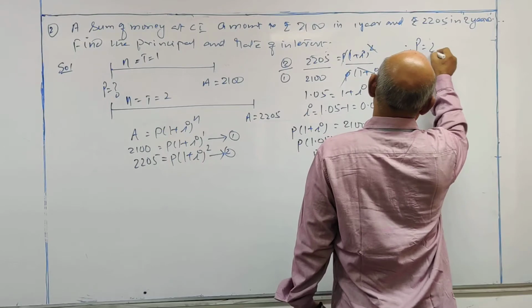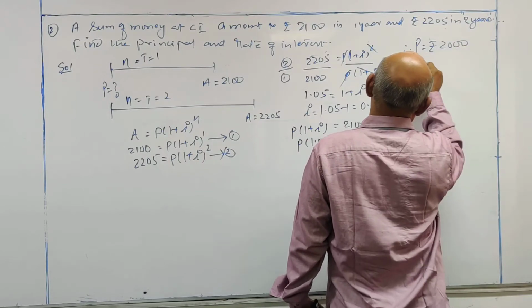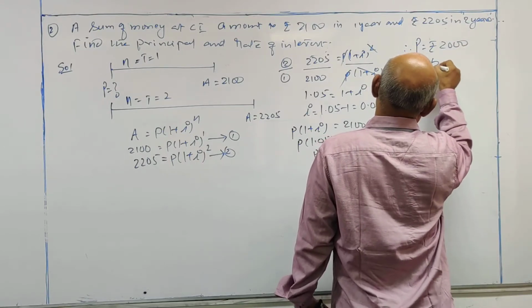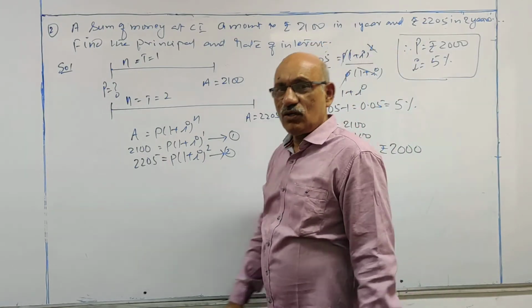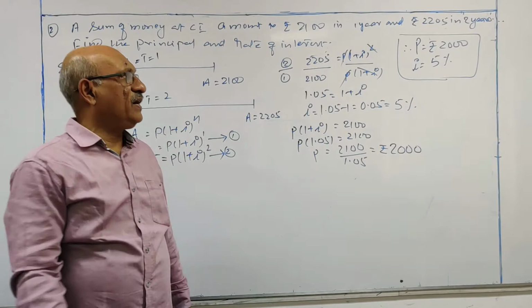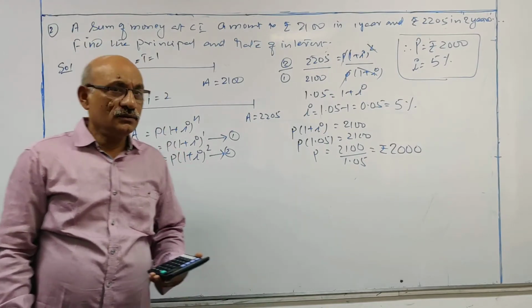Therefore, principal is equal to rupees 2000 and rate of interest is equal to 5%.